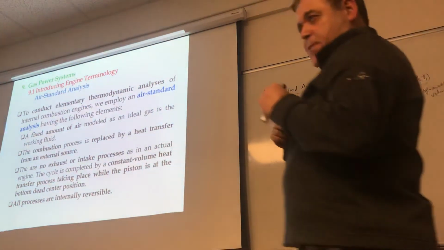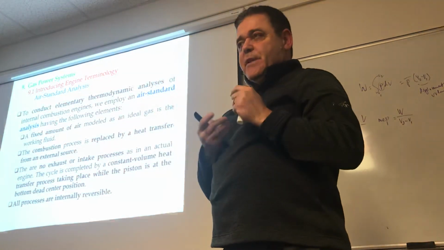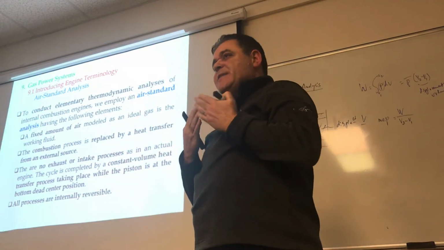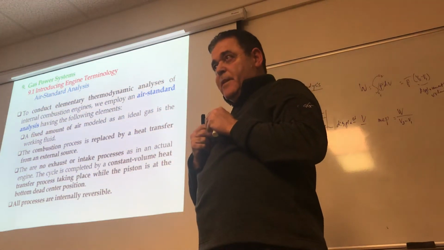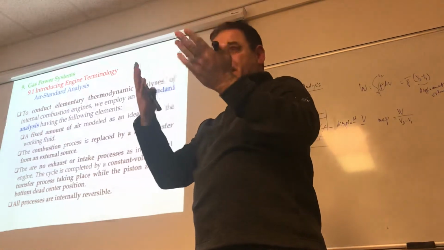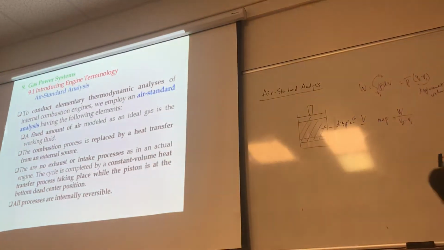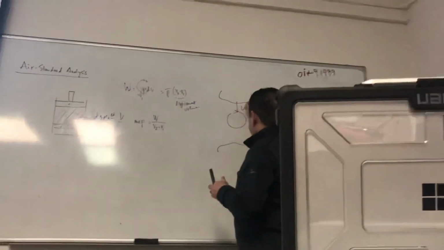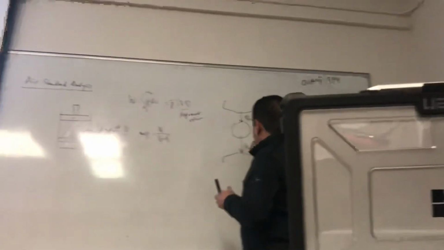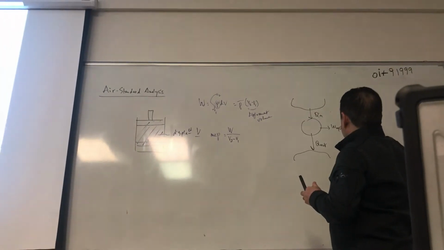We're not chemists, we're not going to get into the combustion process. But what is that combustion process really doing? It's creating that heat. Remember what a power cycle is: Q in, Q out, W cycle, which is equal to Q in minus Q out.